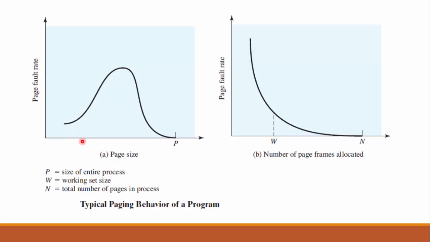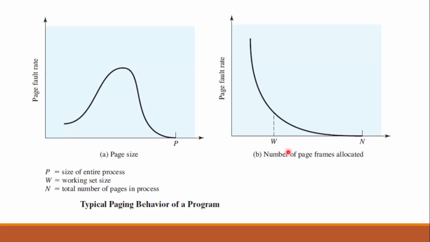Okay, so in general it increases with the page size or number of page frames allocated. So the more page frames are allocated for a process, the fewer page faults there will be.